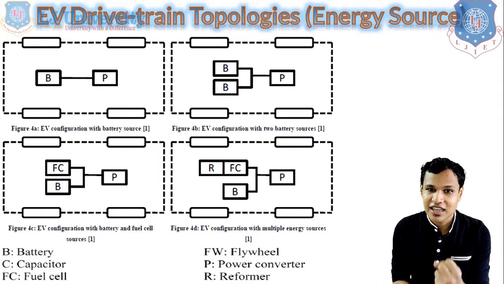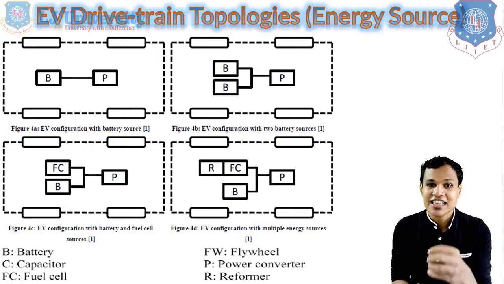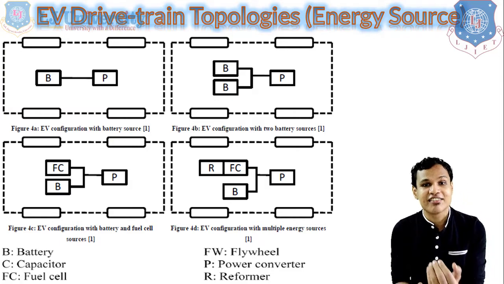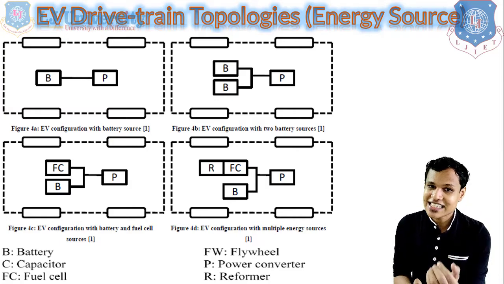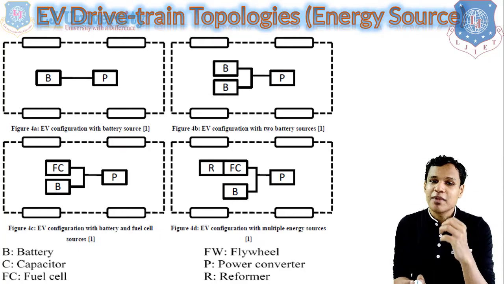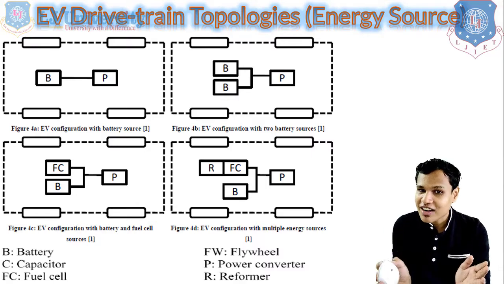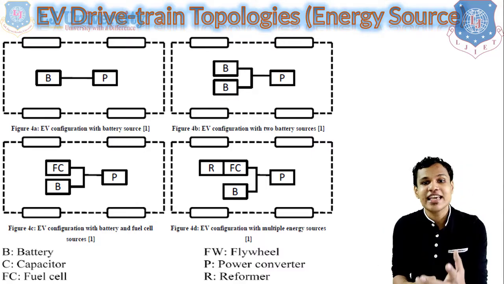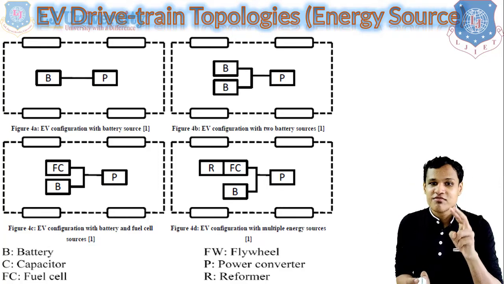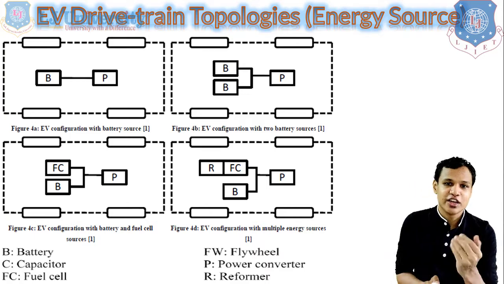Because of the disadvantage of lower range, the vehicle became obsolete in the earlier time, that is 1924. So range is a very important factor. In hybrid vehicles, the battery will have more specific power and we do not require specific energy because we already have an IC engine. This is the reason we are using 2 batteries in the second configuration.